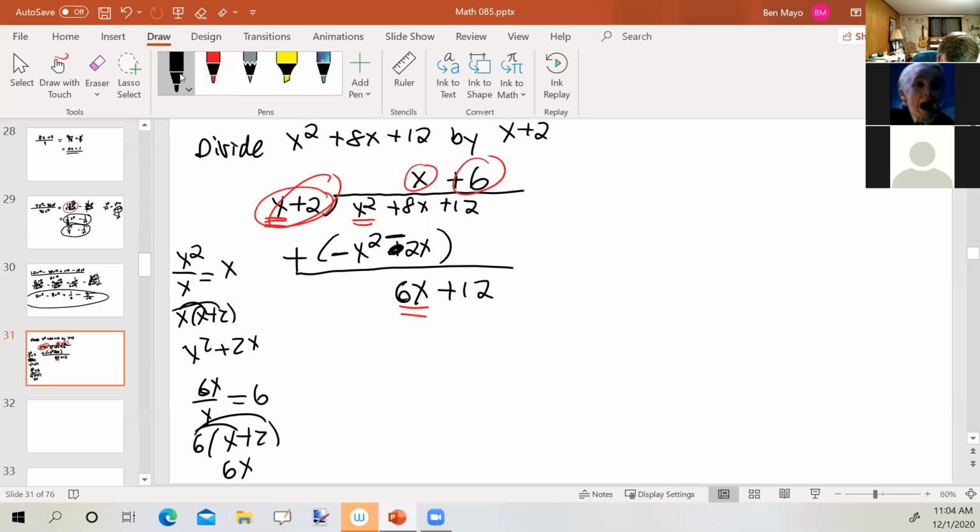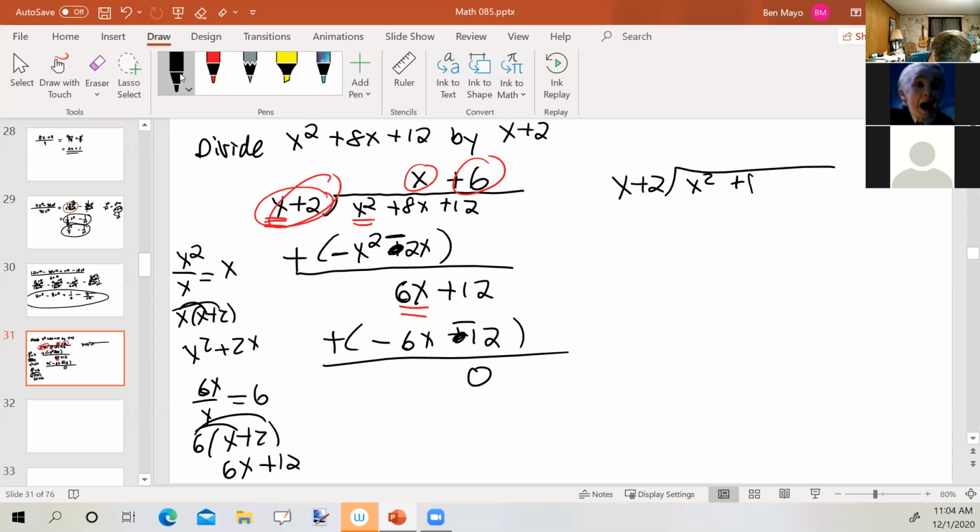Distributing, we get 6x plus 12, which again we write there. Draw a line. We subtract that from what's up above. Distributing the subtraction sign, changing it to addition of the opposite, we get 0 and 0. So there's no remainder.